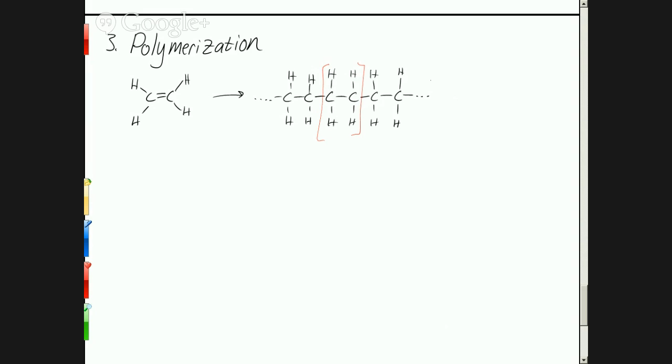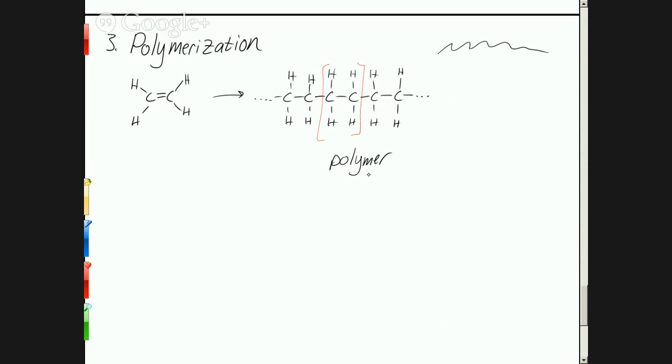Those individual C2H4 units connected in this long chain. And I just drew 3 of them connected together. But in this actual reaction, you'd have thousands of these molecules connected together, making an enormous molecule, just a huge, huge, huge chain. And this is what we call a polymer.